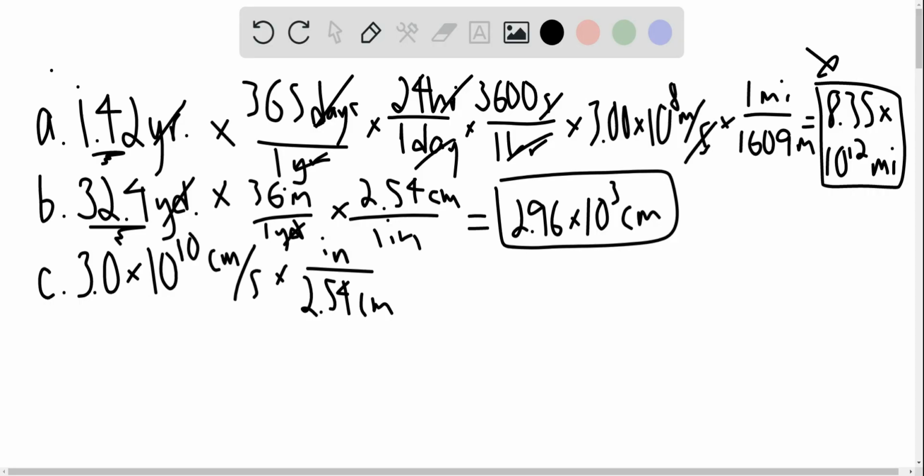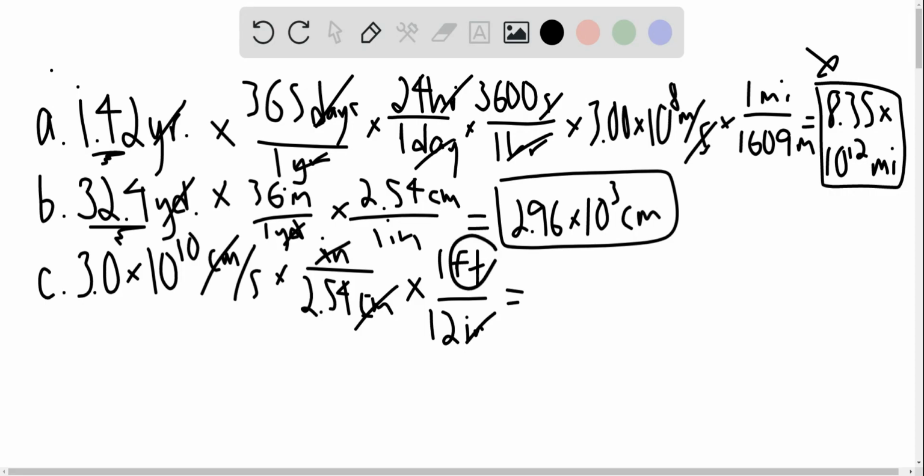And we only have to worry about the top because seconds is still going to stay seconds as we go to feet per second, right? Centimeters will cancel out. And then we're going to multiply 1 foot for 12 inches, right? And now the inches will cancel out and we'll just end up with feet.